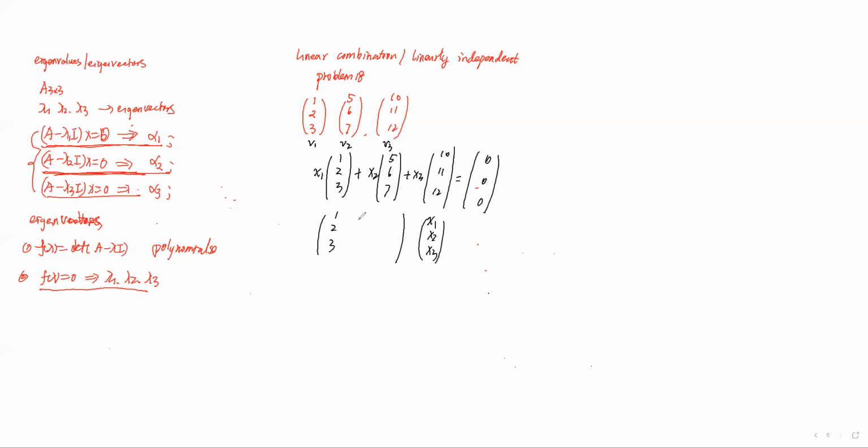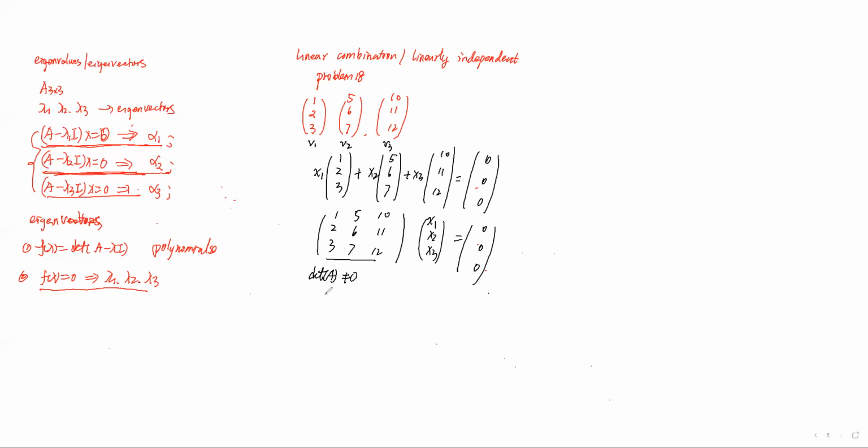This is the matrix with columns 1, 2, 3, 5, 6, 7, 10, 11, 12, times x1, x2, x3, equals 0. The vectors are linearly independent if and only if this equation has only the trivial solution, meaning that it only has the 0 solution. So if it is linearly independent, this system only has the 0 solution, which means that the determinant of A is non-zero.